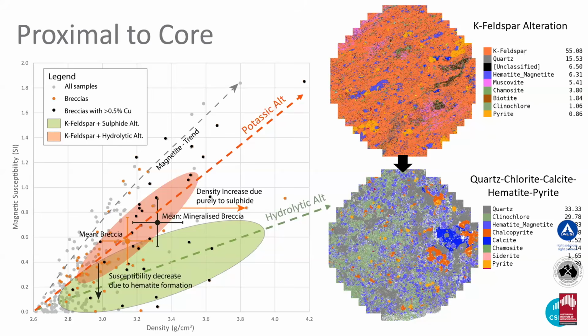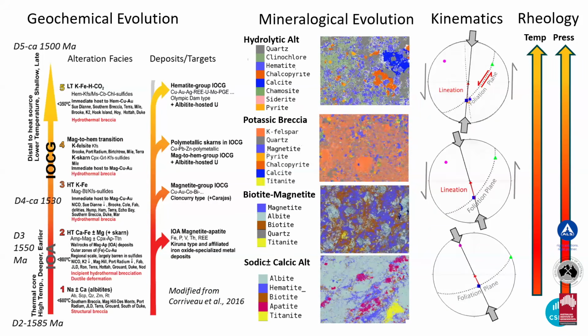So this is a really busy slide. I won't go through all of it. But I think what I showed you there, based on Louise Corriveau and others' work from the Canadian survey, we're really seeing what they describe as the generic paragenesis of an IOCG. We've got the sodic calcic alteration.